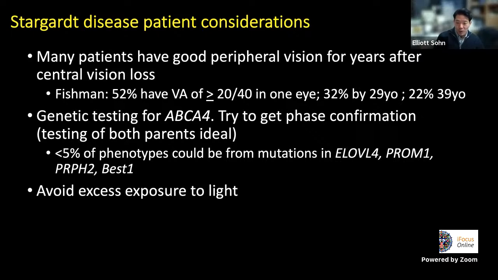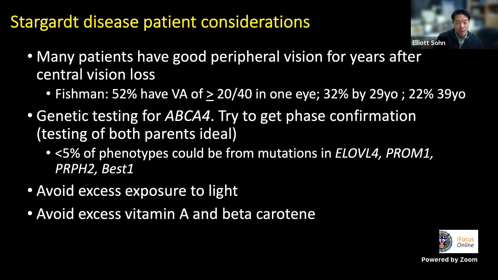So it's a good reason why we don't do as much fluorescein angiography when we see them, because you don't have to subject them to a bunch of flashes as frequently anymore. So you want to recommend that they wear a wide-brimmed hat and sunglasses, especially on bright sunny days, to try to prevent acceleration of the disorder.